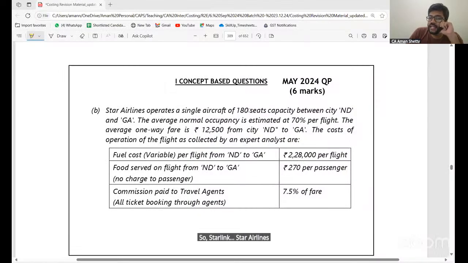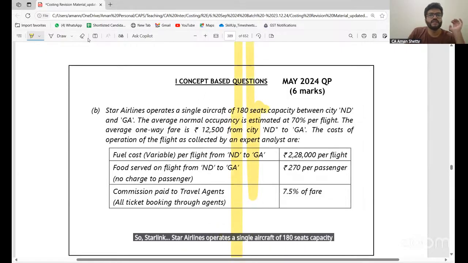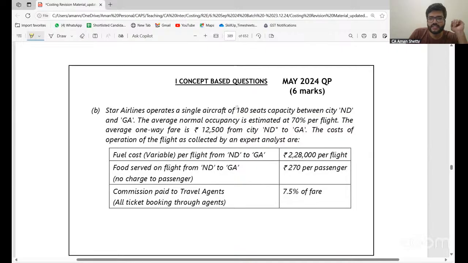Let us straight away discuss the problems. Star Airlines operates a single aircraft of 180 seats capacity between ND and GA.